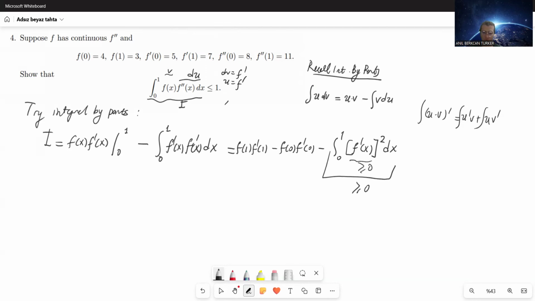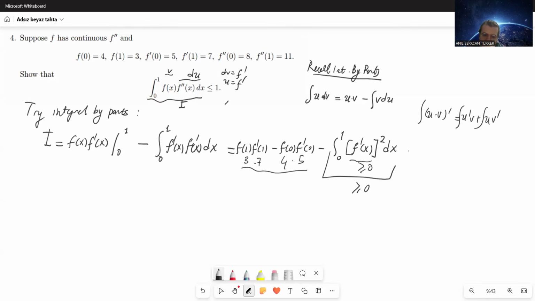What about these points? f(1) is 3, f prime(1) is 7, f(0) is 4, f prime(0) is 5.